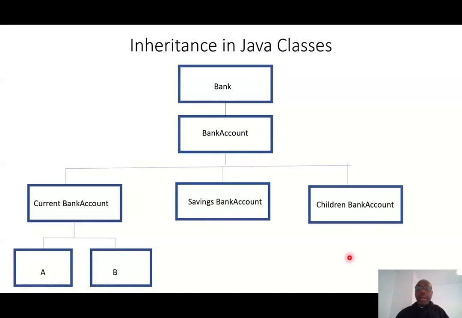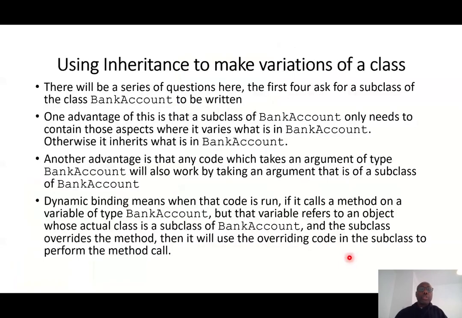So now we understand the concept of class inheritance in Java and in any other programming language, whether C++ or Python, they're similar. So let's now go ahead to look at some Java code.